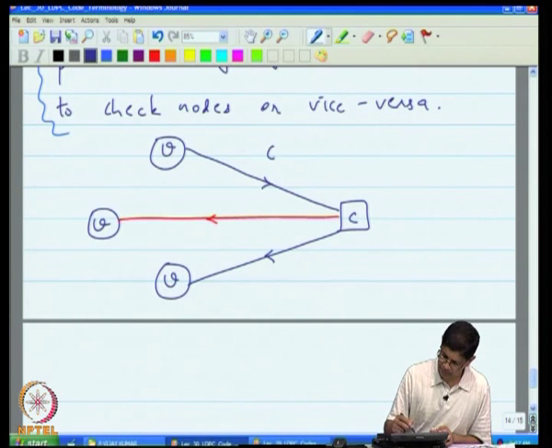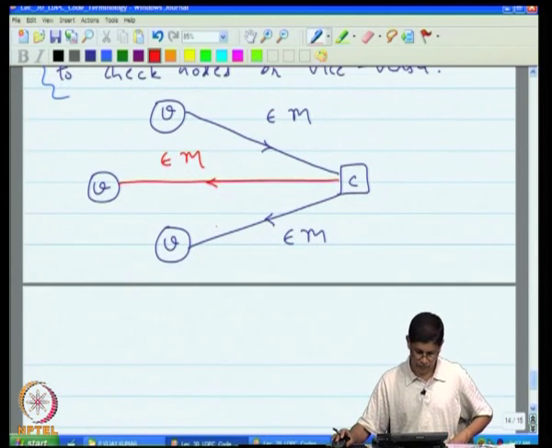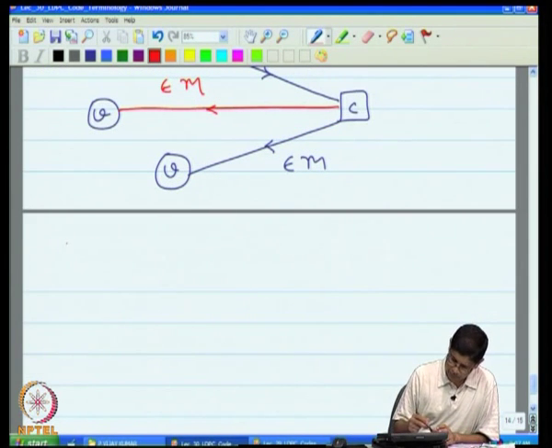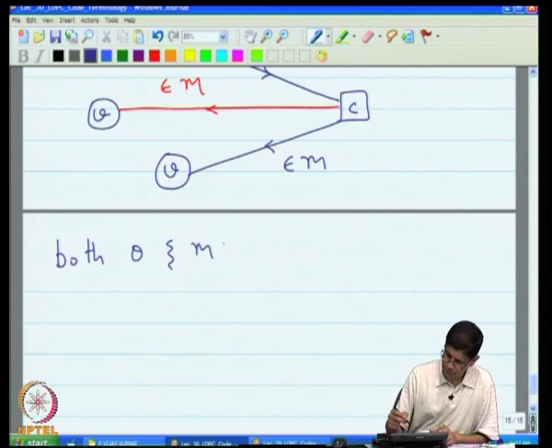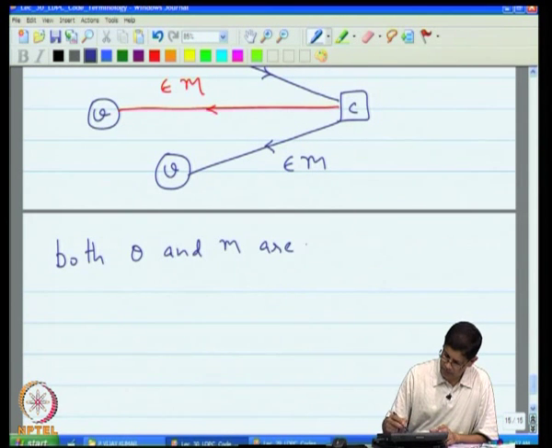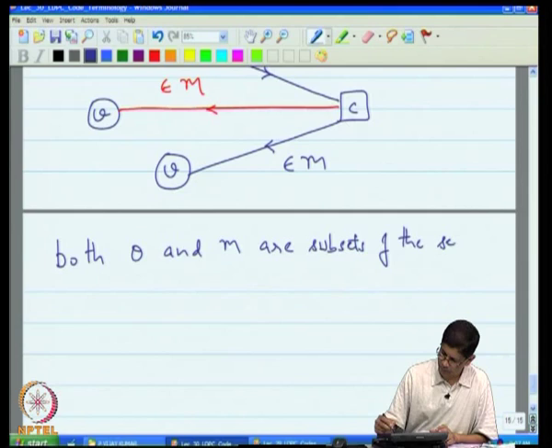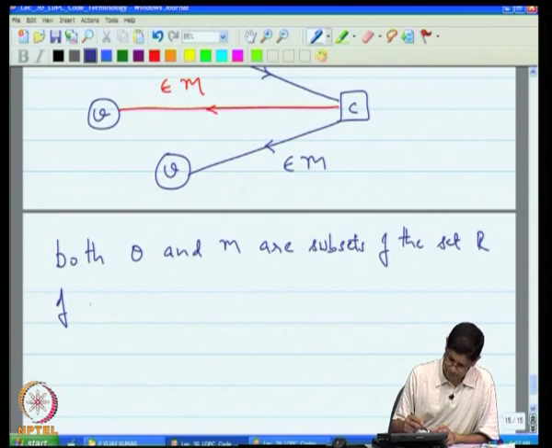And here again the messages are from the alphabet M. Okay. So, we will note that both O and M, so maybe I should write it out in words, both O and M are subsets of the set R of all real numbers.